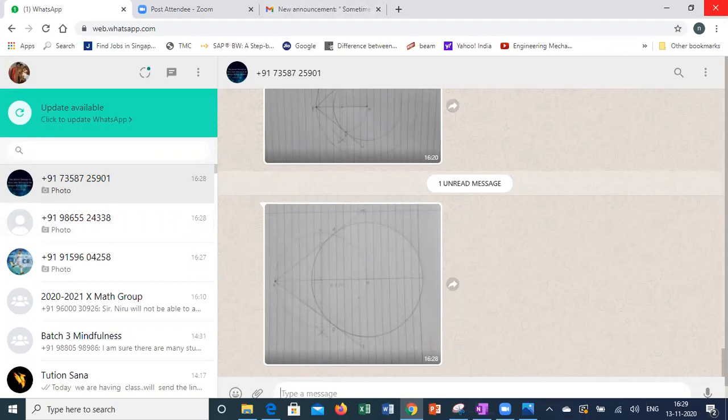What is that one? Can you tell? To find the length of the tangent, sir. So measure with the scale and let me know what is the length of the tangent in the second question.